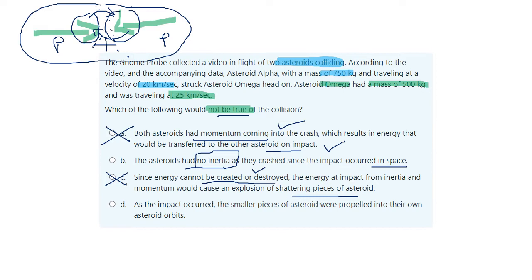As the impact occurred, the smaller pieces of the asteroid were propelled into their own asteroid orbits. If this one broke into smaller pieces, then each piece would have gone into its own orbit. This is true. So the correct answer is B. Objects can have inertia in space.